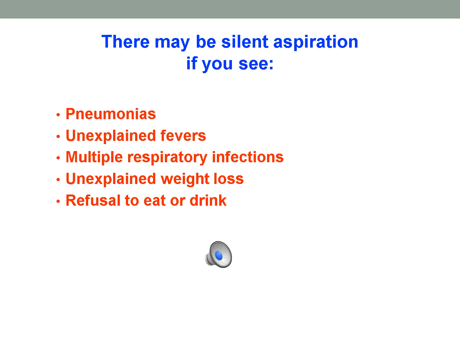Also, there's such a thing as silent aspiration. It may not be something that you can necessarily see the common signs and symptoms of, but sometimes if there is silent aspiration present, you will see maybe several cases of pneumonia, unexplained fevers that come and go, multiple respiratory infections.